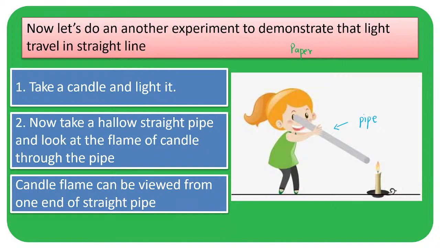Are those things visible to you? Suppose there is a painting on the wall, you can observe that painting. You can observe a book kept on the table, or a pen kept on the table. Is it visible to you? If you are doing this along with me, you can comment in the comment section. Can you see the things with the help of that straight hollow pipe?